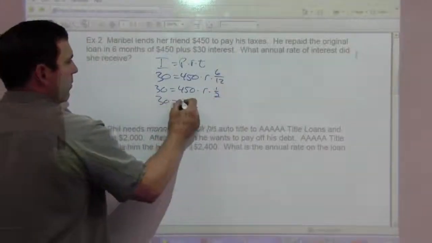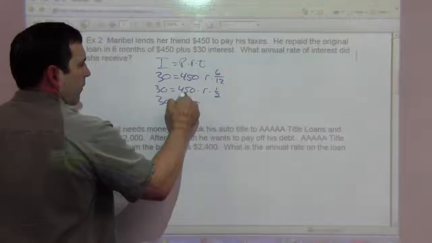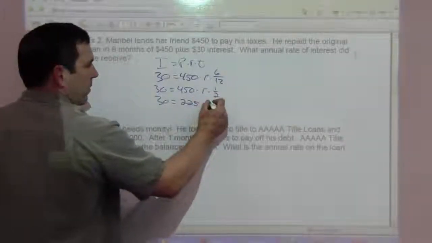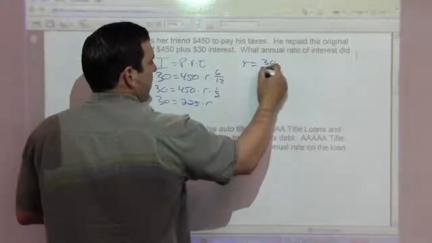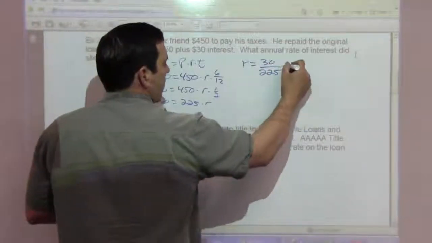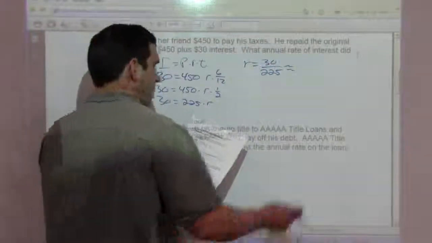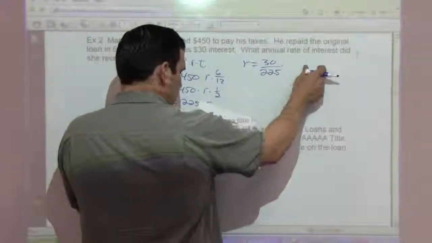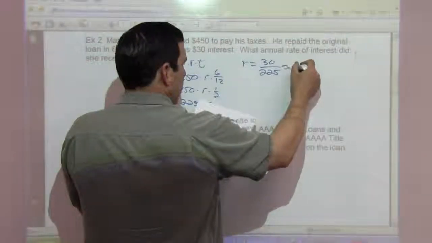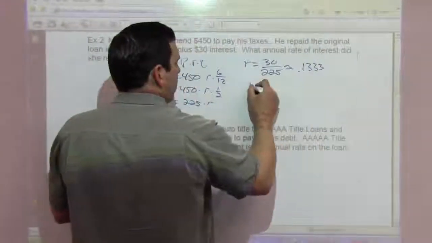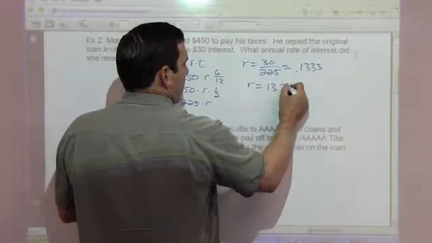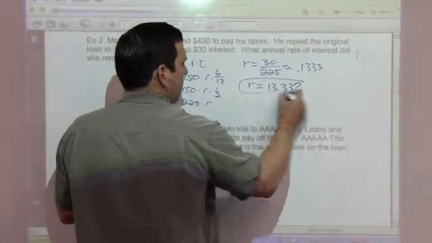So 30 equals 225, 450 times 1/2, 225 times R. So R equals 30 divided by 225, which is approximately 0.1333, so the rate is 13.33%.